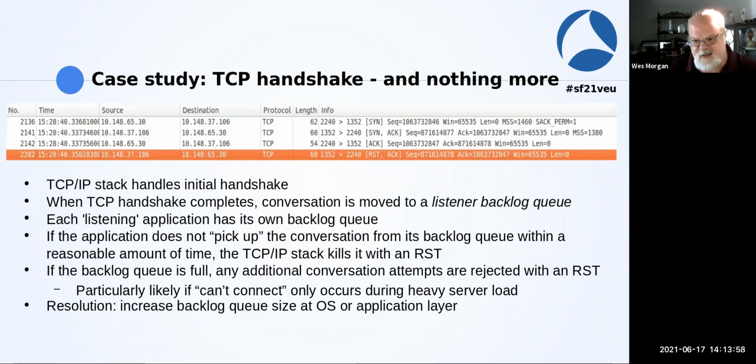So increasing the backlog queue, yes, it can resolve the issue as long as the load stays constant and you enlarge it enough to accommodate the load. Otherwise, you're just going to run into the problem again. And then you're going to have another round of troubleshooting to figure out why the application isn't playing well with its backlog queue.